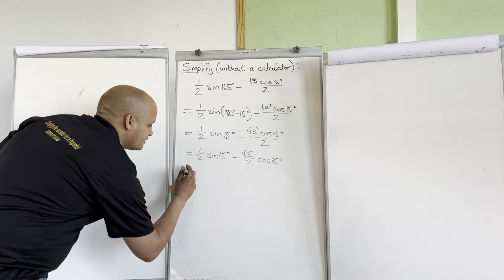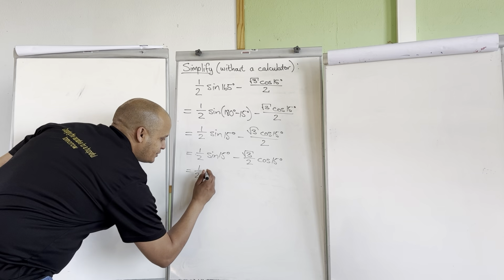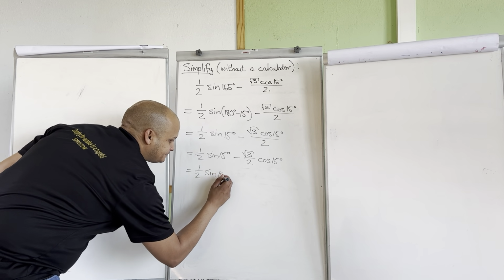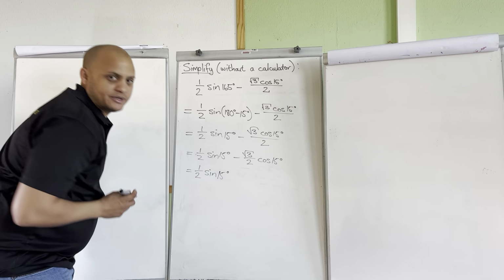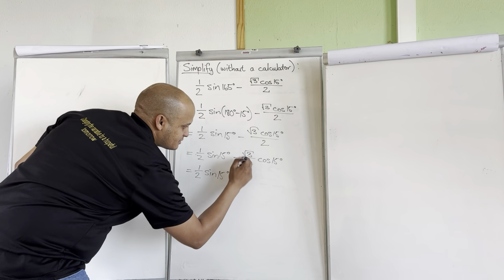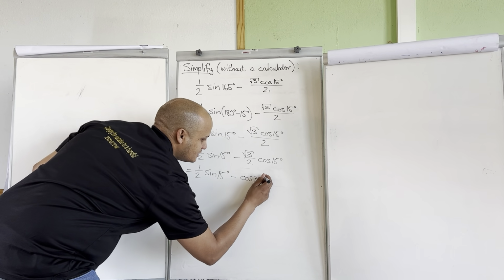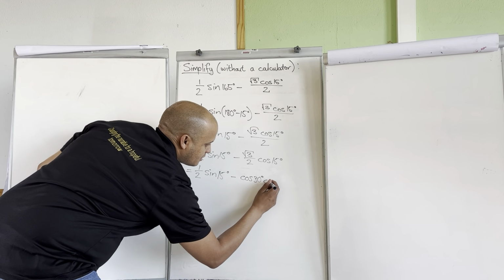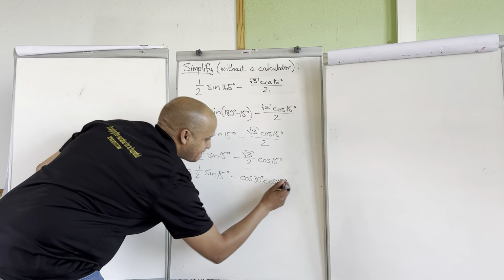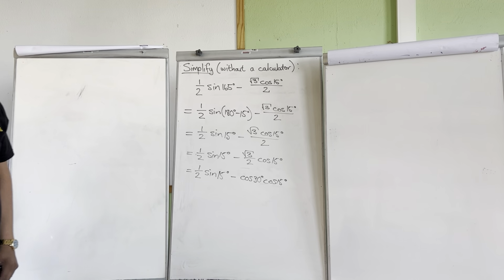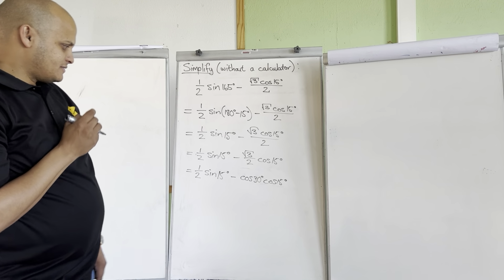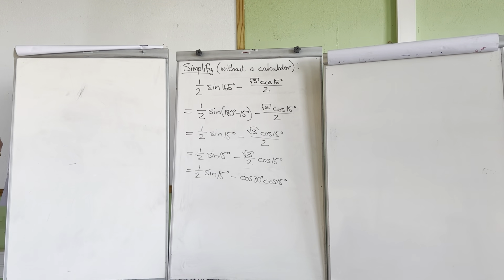So we are actually moving towards the shorter way of doing this. Root 3 over 2 is cos of 30, so this is actually cos 30 degrees and cos 15. So I've got cos of 30, cos 15.